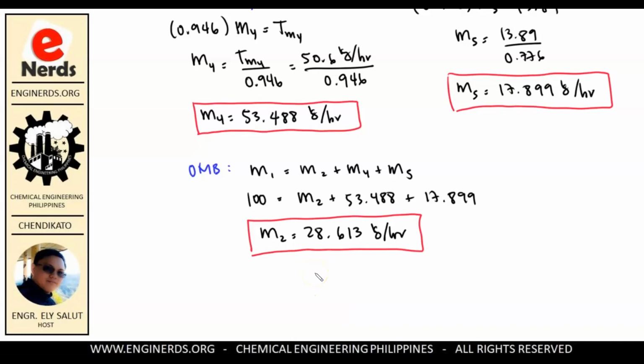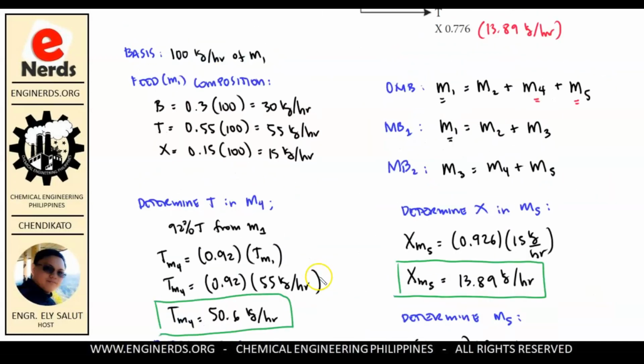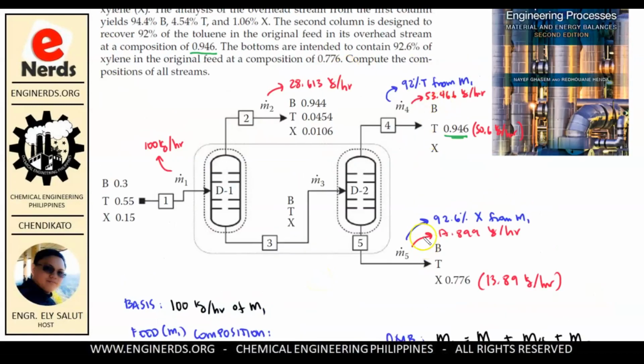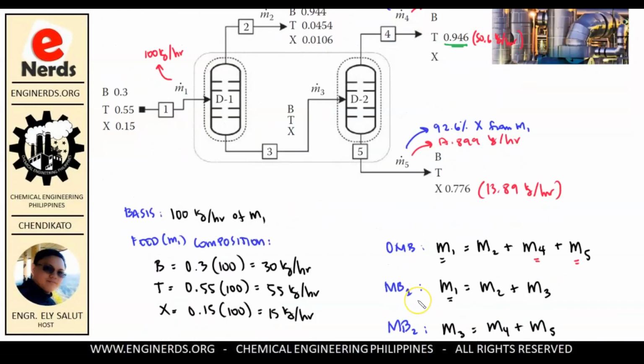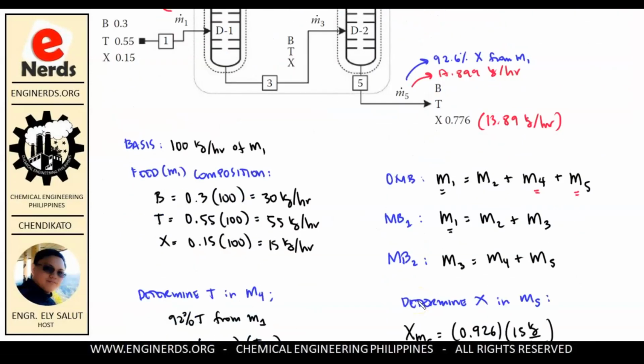So the next thing to do is to identify our M3, because alam na natin lahat ng value ng ating streams. Ang hindi na lang natin alam is yung M3. And we can do that by using any of these balances, because we know the value of M1, M2, we don't know M3. And in here, M3 is equal to M4 plus M5.